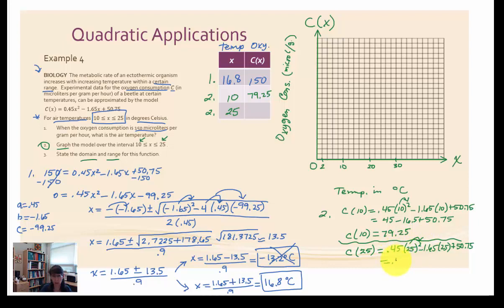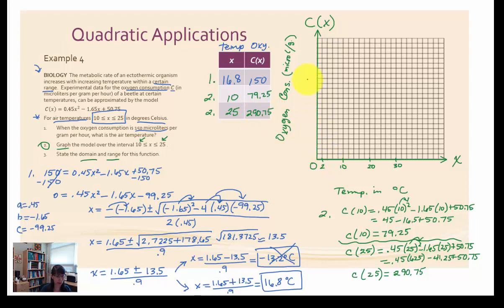So that gives us 0.45 times 625 minus 41.25 plus 50.75. So the oxygen consumption at a temperature of 25 degrees Celsius will be 290.75 microliters per gram. So now we can see that the largest number in the table is 290.75.